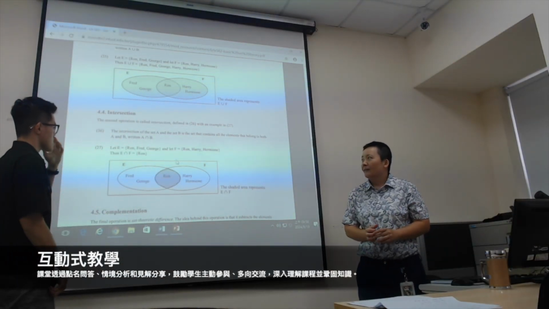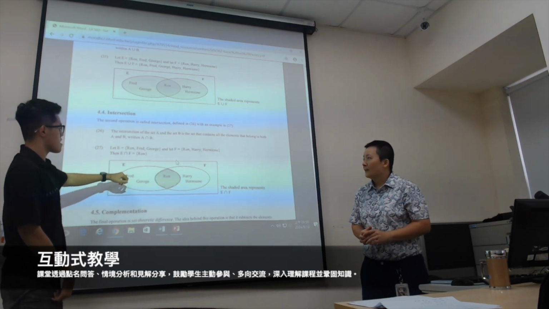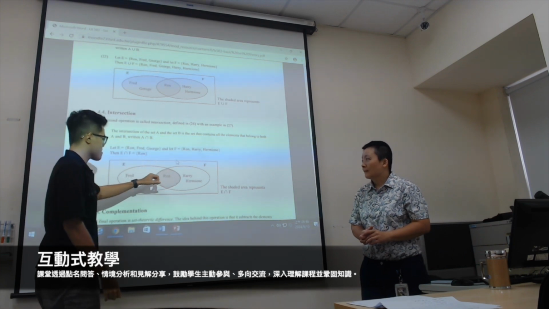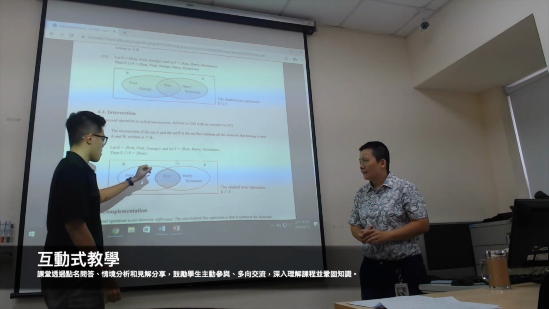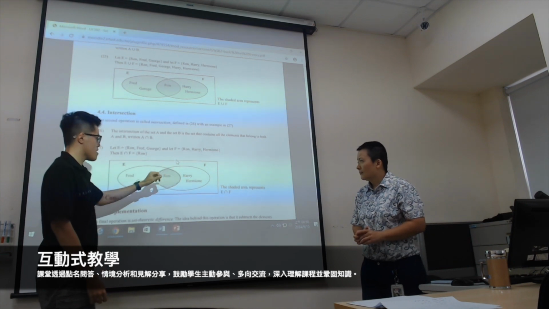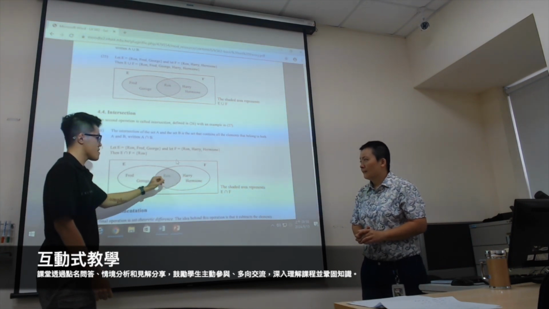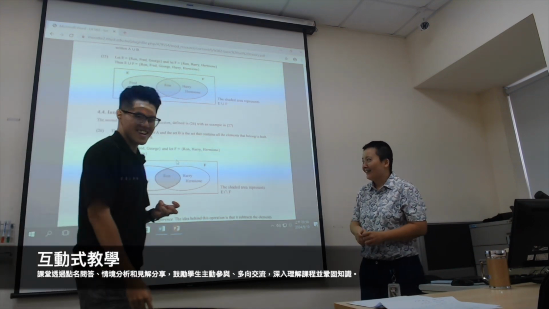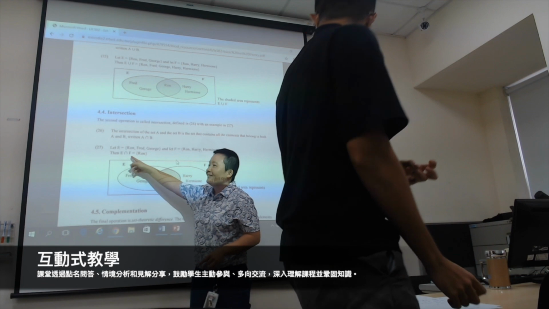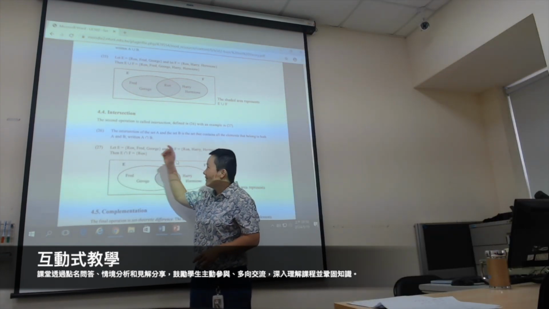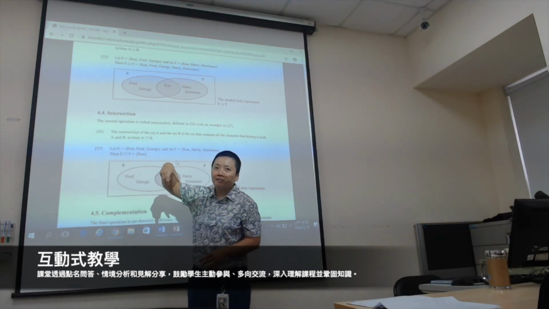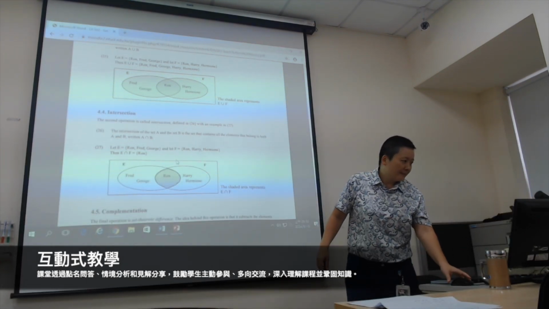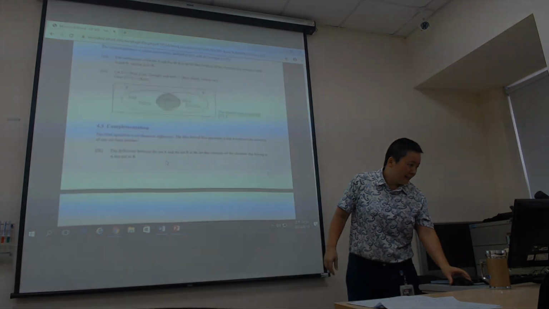The intersection of E and F is all elements that belong to E and belong to F. It means the overlap. And the symbol is like this, right? So I believe you already remember. So that's intersection. It's the reverse way of union.